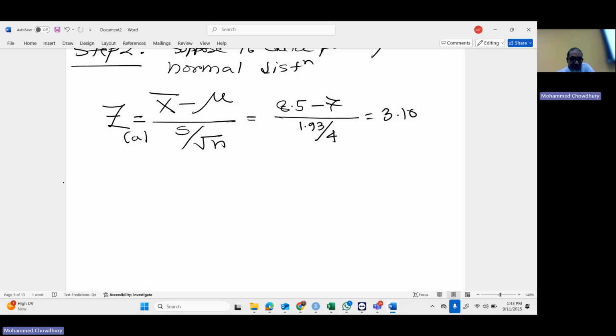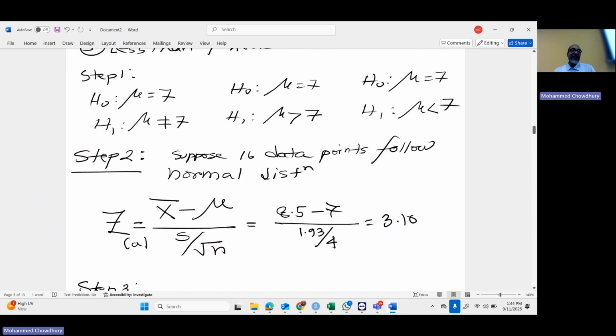Now step 3. Z table value at 5% level. Are you understanding what I said? 5% level, so it is two-sided.